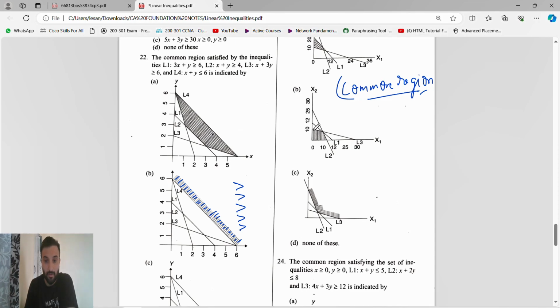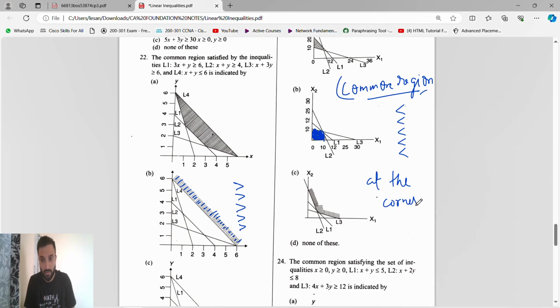And this one, see, is at the corner, when all the symbols are lesser than. When all the symbols are lesser than, what happens? All will come inwards. So inwards means where? Here, at the corner. If the shaded region is at the corner, it means all symbols are lesser than.